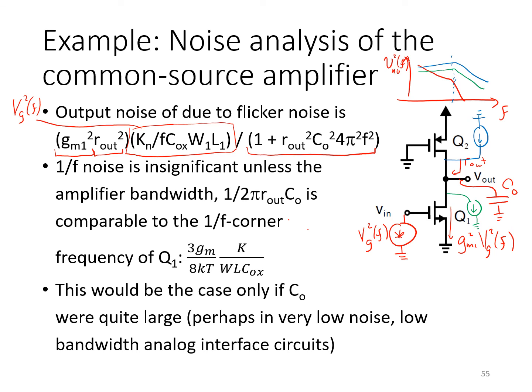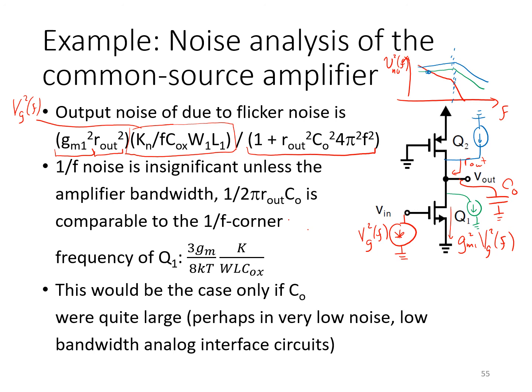But you can see from this sketch that the 1 over F noise shown here in red is most likely insignificant unless the amplifier bandwidth, this corner frequency, is low enough that it's comparable to this crossover point here.